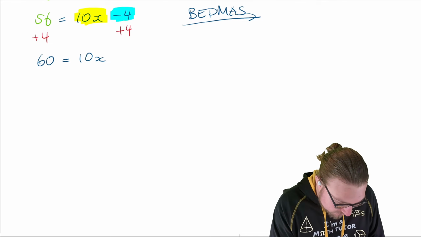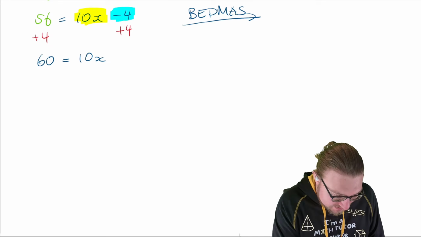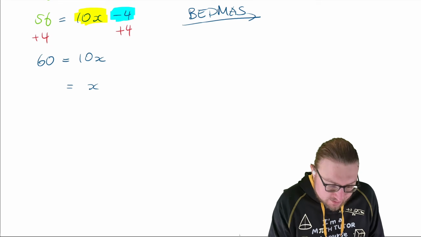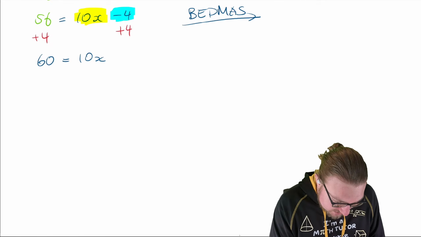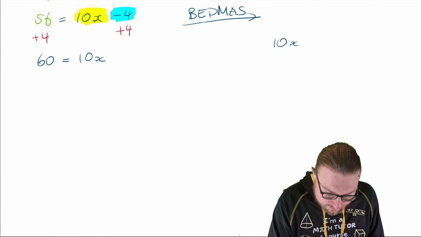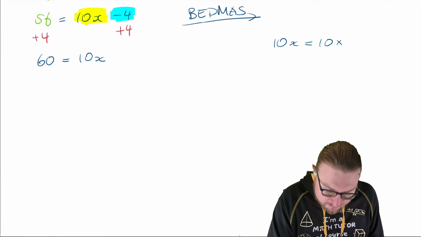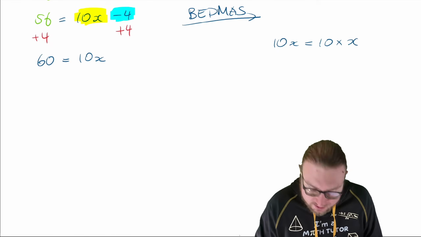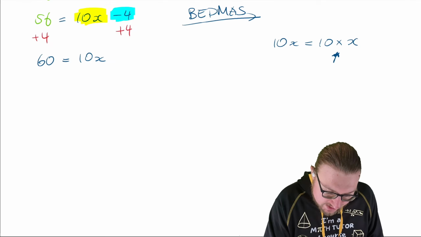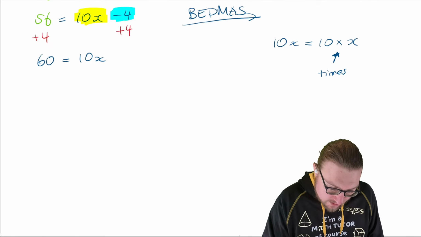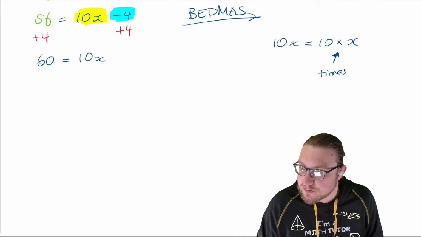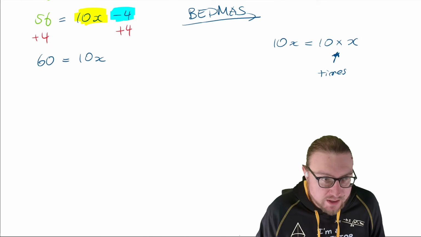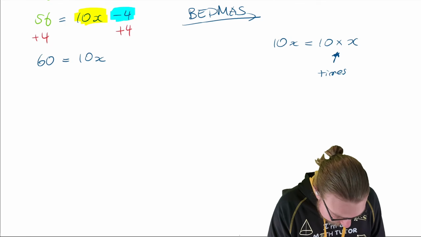And now lastly, we have one more thing that we need to get rid of to have an x by itself, and that is to get rid of the 10. And always remember that here, when we have 10x, that is the same thing as 10 multiplied by x. There's always a sneaky times in between numbers and variables, also numbers and brackets, and also variables and brackets.